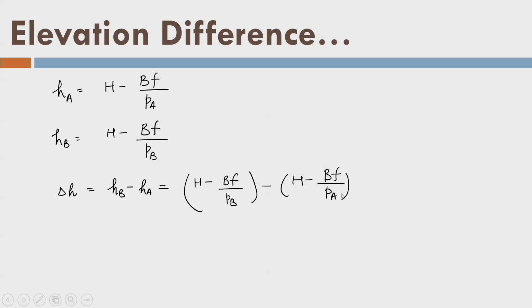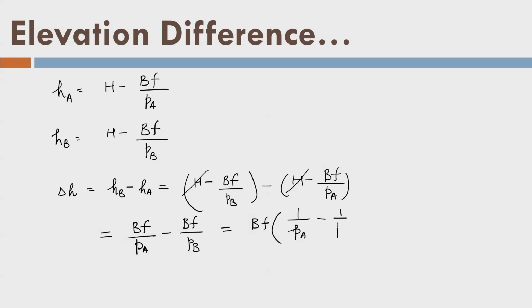I hope you agree with that. Further, if I calculate this term, H will cancel with H because of the minus sign, and I will have BF upon PA minus BF upon PB, or BF into 1 upon PA minus 1 upon PB. I hope you agree with this term at least.